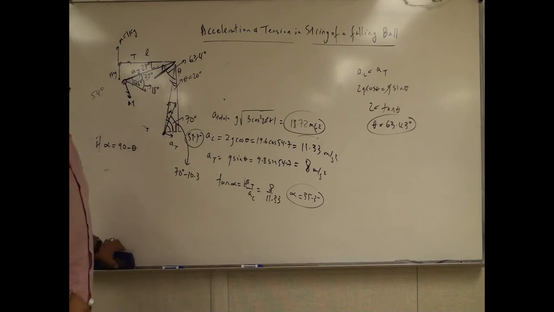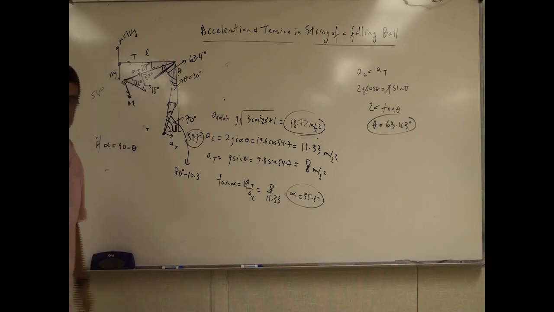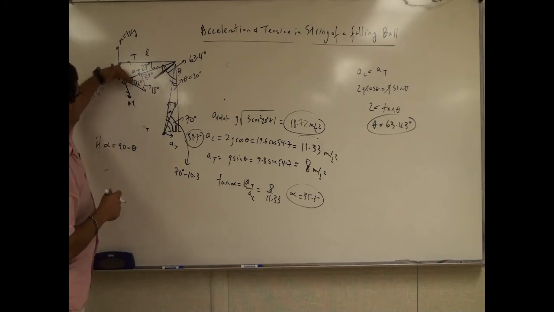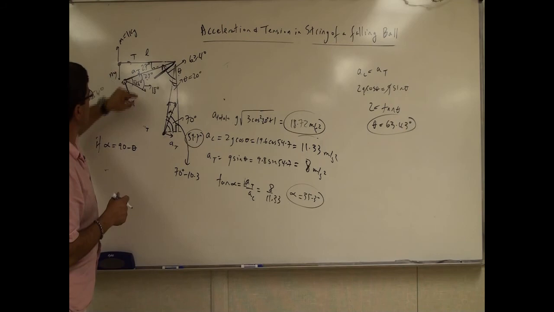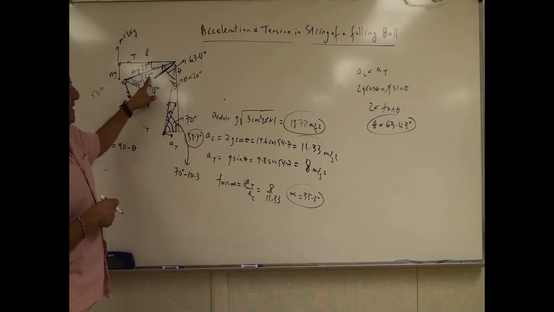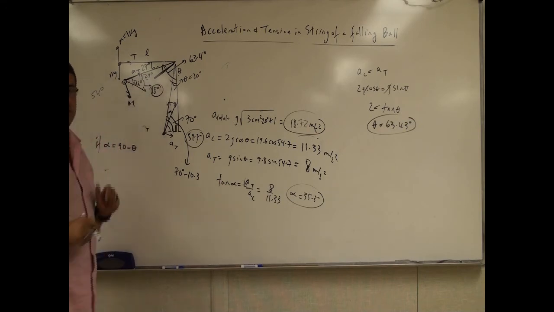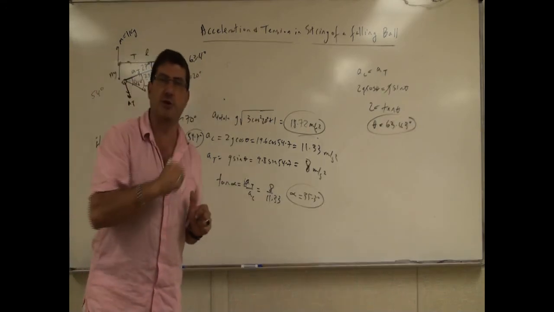That means at that point, even though the two are equal to each other, the total acceleration is not horizontal. Because it occurs so fast, the total acceleration is still pointing down. 45 is larger than 27, so 45 minus 27 gives you 18 degrees, and the total acceleration points below the x-axis.